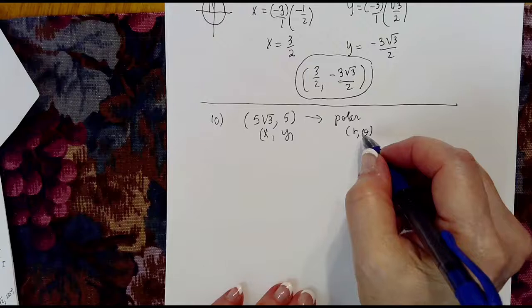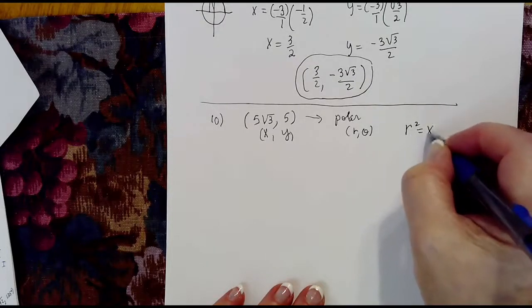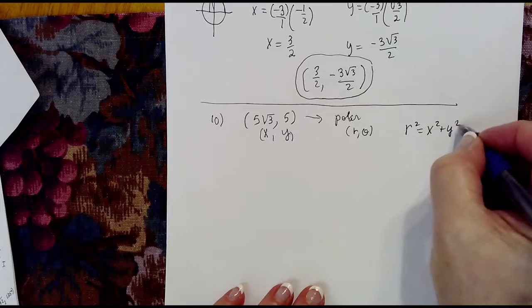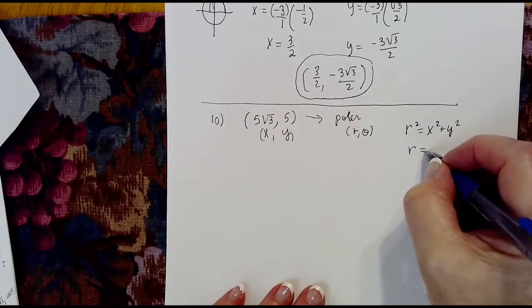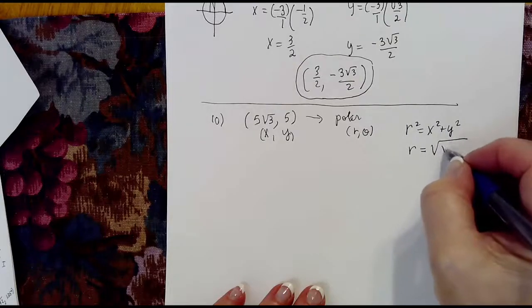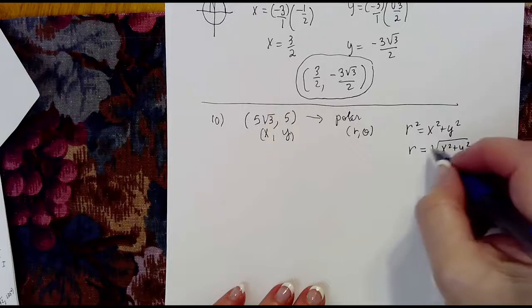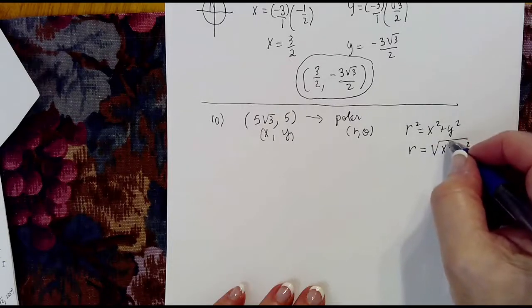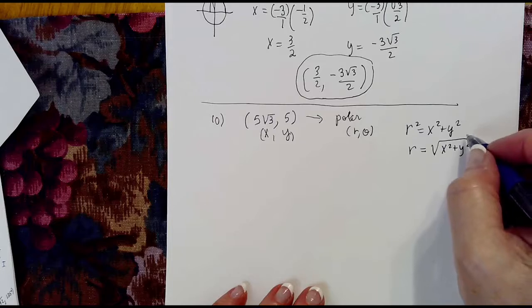Now if you think back on the conversion formulas, we had the one that said r squared equals x squared plus y squared. And we also had one that says r equals the square root of x squared plus y squared. Now we know r is always positive, depending upon which way it's on the axis.